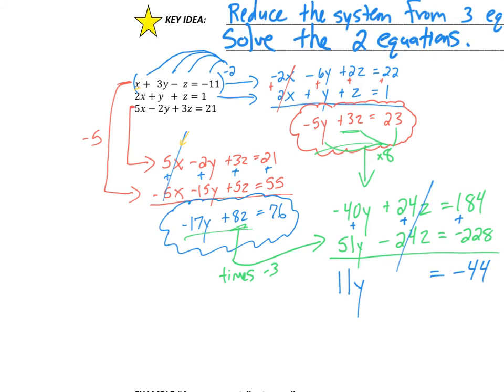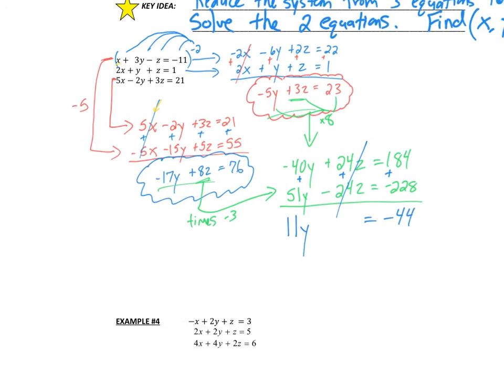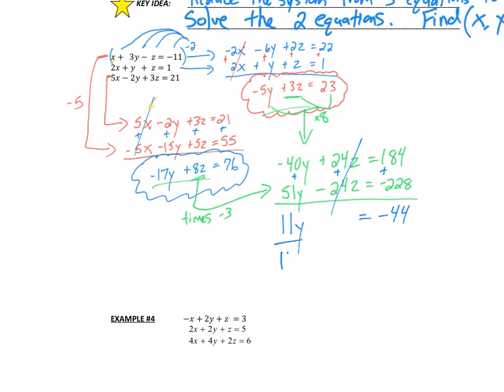Okay, so what happened now is we got this down to one variable. We went from 3 variables to the 2 cloud equations that just had y's and z's. We got rid of x's. And then we took the 2 cloud equations and got rid of the z, and now we have just y. So if we take this part and we solve for y, what is y going to equal? -4. Y is -4.